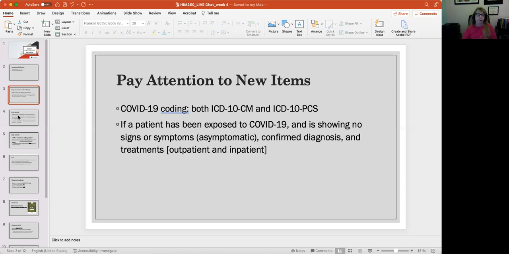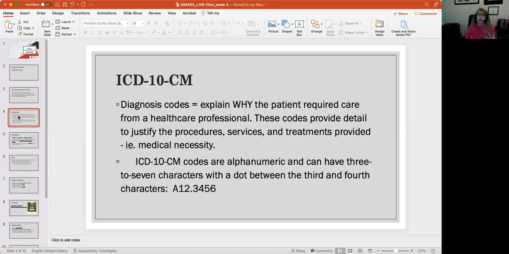Okay. All right. So just to review, ICD-10-CM, clinical modification. These are diagnosis codes. They explain why the patient required care from a healthcare professional, i.e. medical necessity. There always has to be at least one diagnosis code and one procedure code for every encounter, regardless of where it is, okay?